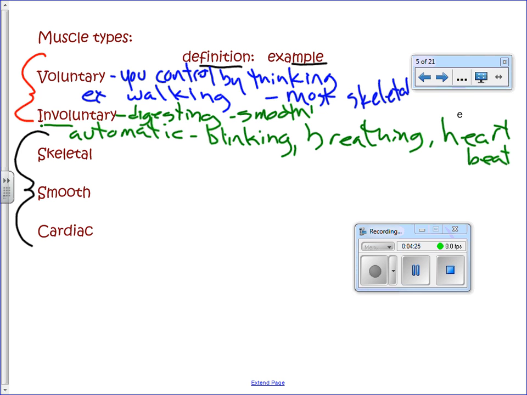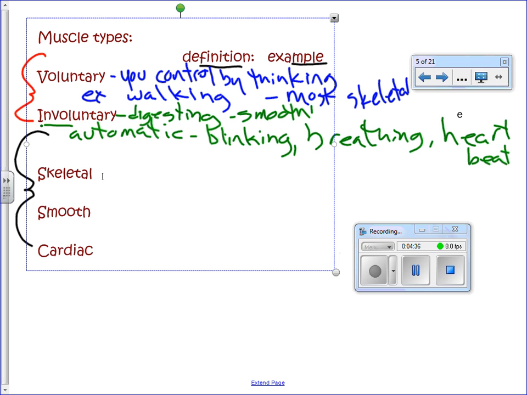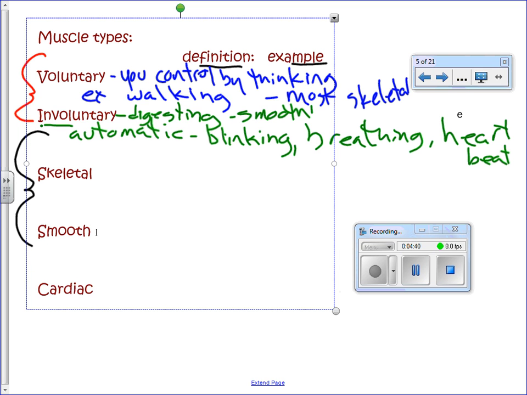Now, even though we kind of did this already, let's do a little bit more detail on each one of these: skeletal, cardiac, and smooth, just to be specific. Skeletal muscle, pretty obvious, is found attached to bones.